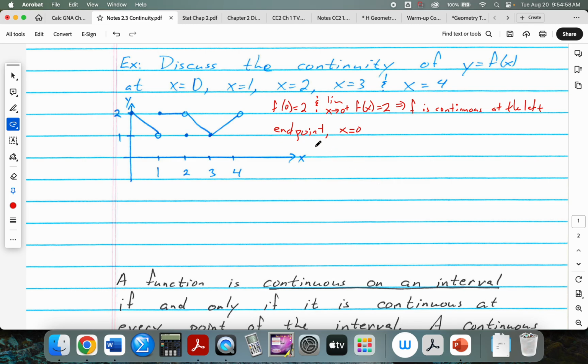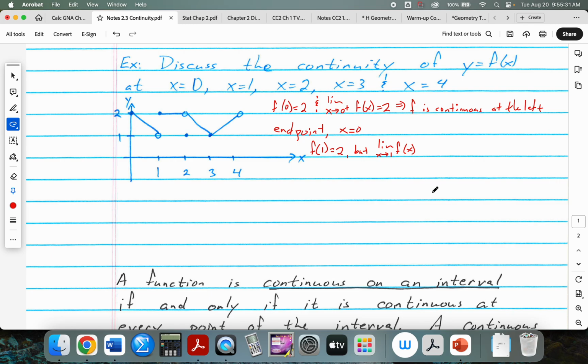All right, let's move on to 1. What is f of 1? 2. But what is the limit as x approaches 1 of f of x? Is it 2?